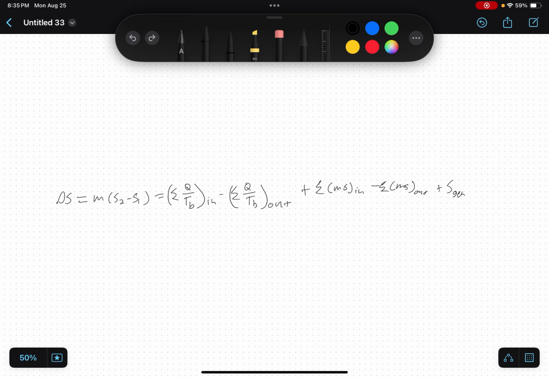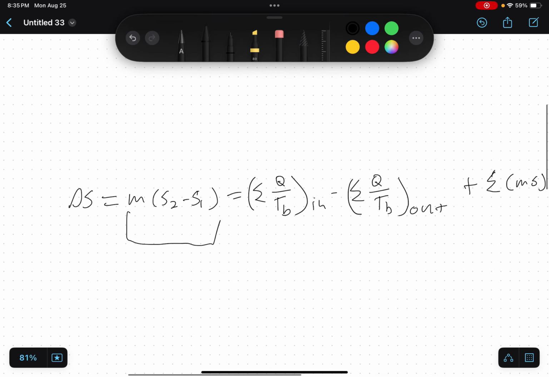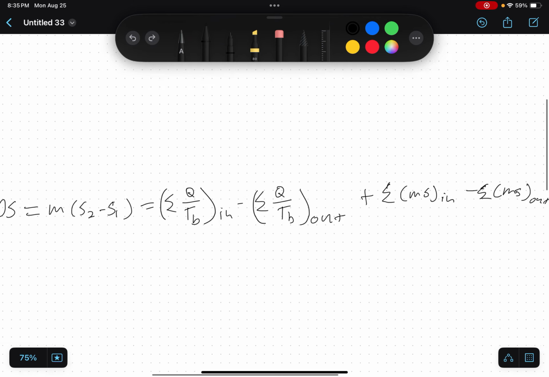Okay, so like the energy balance equation, the left side is internal and the right side is external-ish. So this is pretty straightforward, so I'm going to focus on the right side.